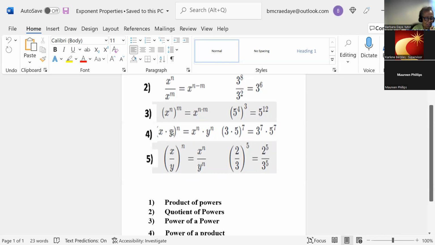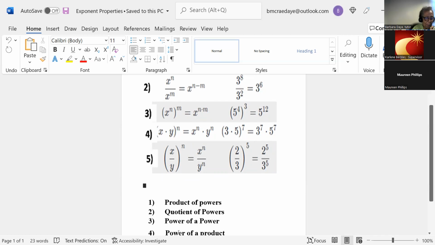Multiplication, division, subtraction, addition. Which one? Multiplication. That's right. X times y. That's what that dot means. X times y gives you a product, and you raise that product to the n power.